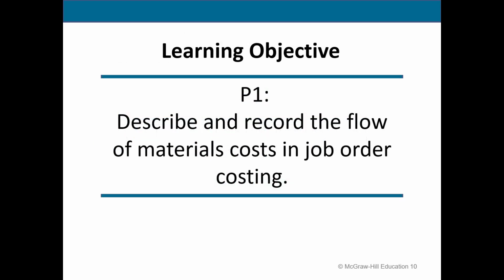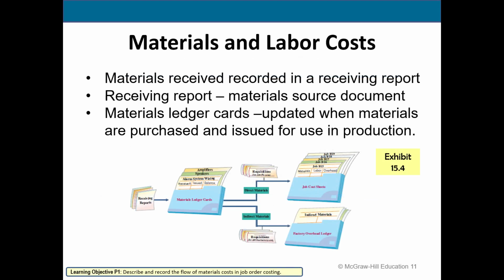So now we're going to look at materials and labor costs. These are documents that are useful in keeping track of our costs. We'll have a receiving report, which includes information on the materials which are purchased, and a materials ledger card. That's like a subsidiary ledger for materials.